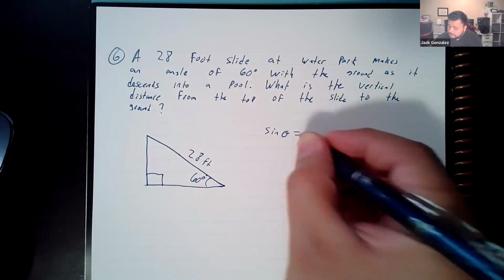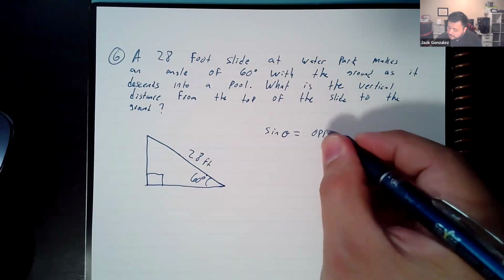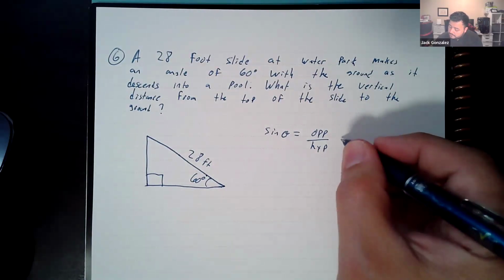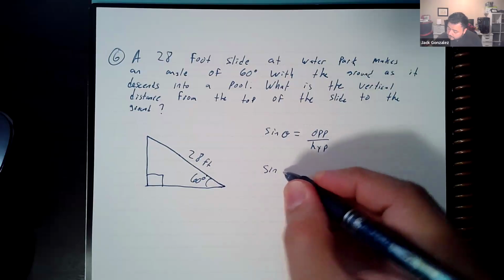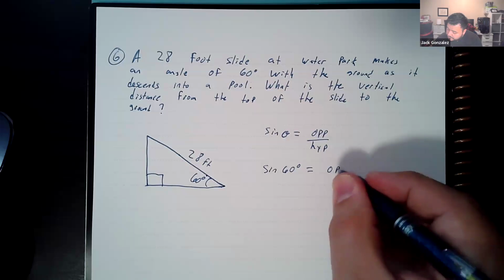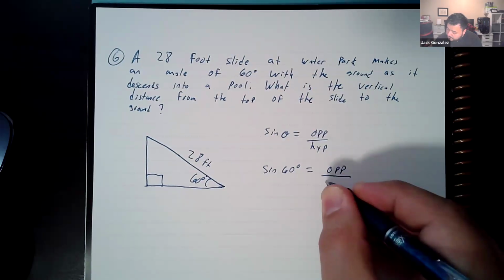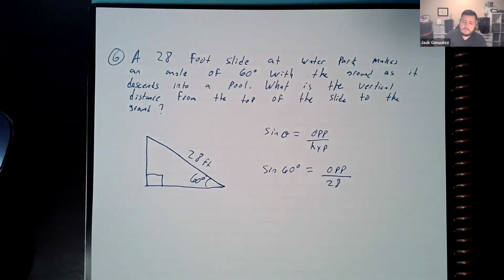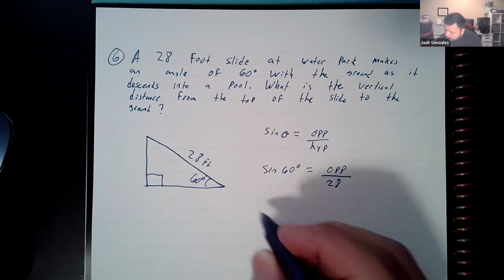So sine theta is equal to opposite over hypotenuse. Our theta is 60 degrees, which is equal to the opposite side over 28. So to find the opposite, we can call it x or whatever. Multiply both sides by 28.